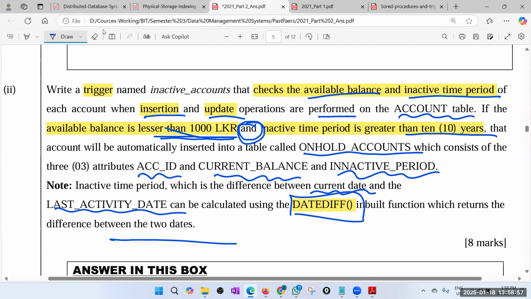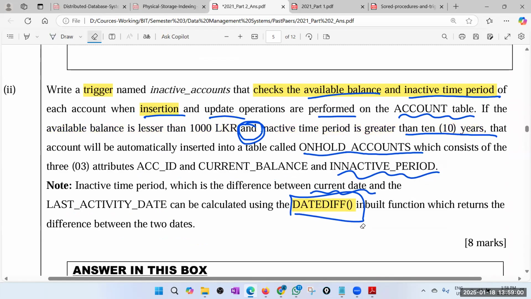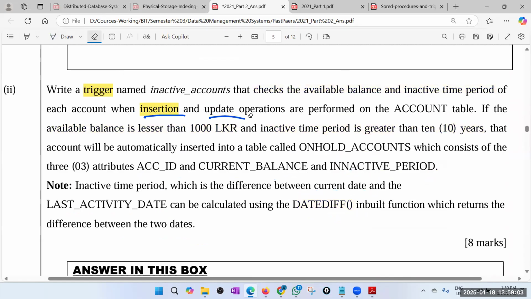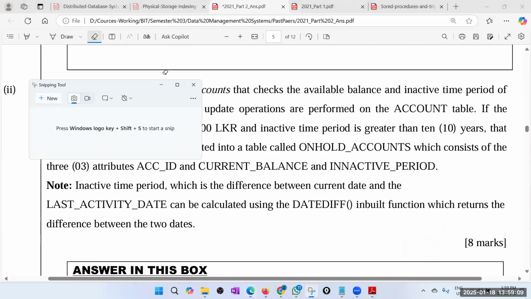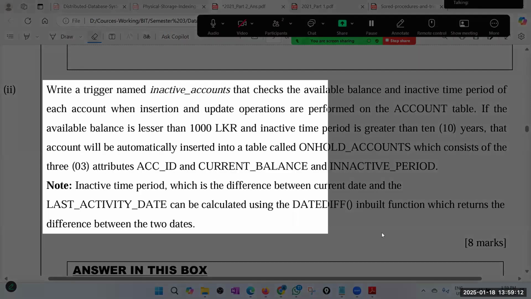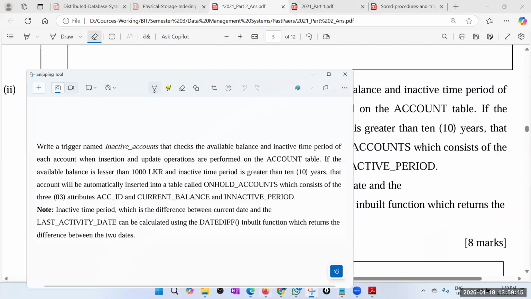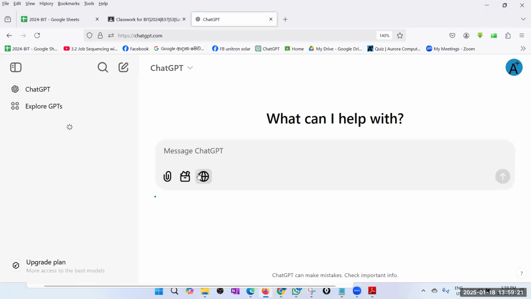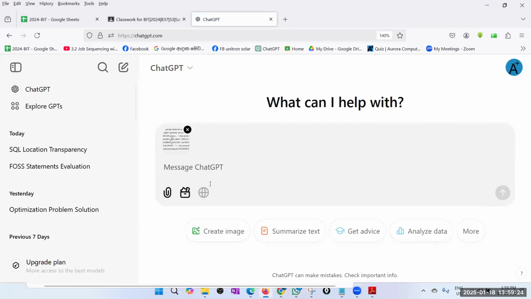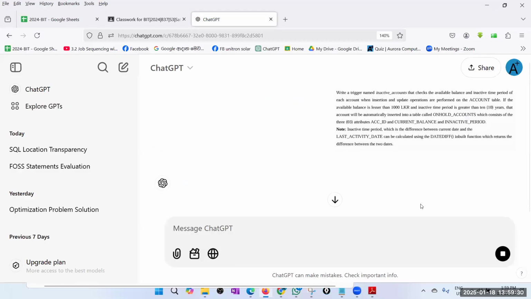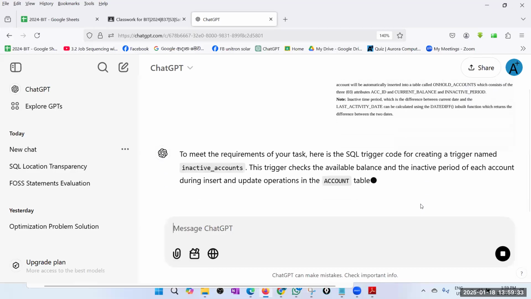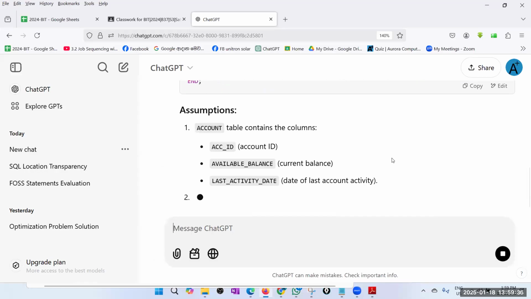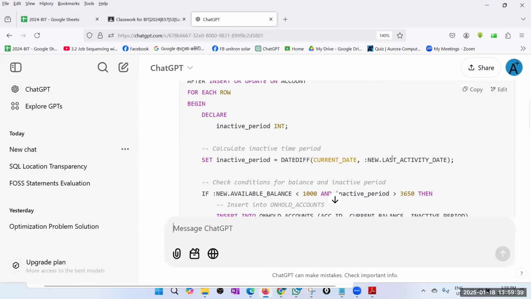So shall we ask ChatGPT to generate an answer? Because we need if else. So you must get those values into variables and then check an if condition, or you need to use when.